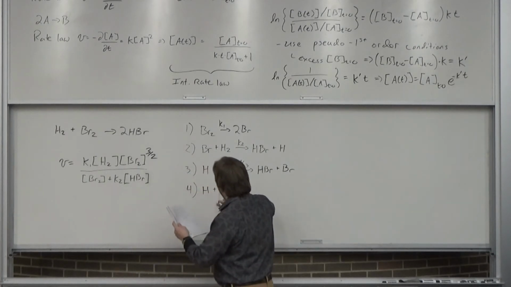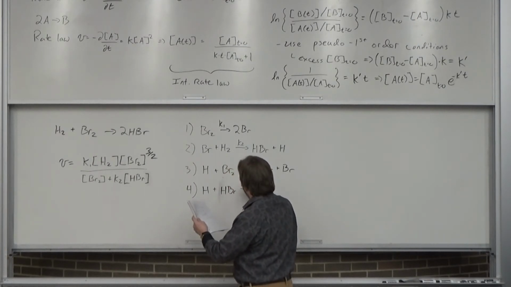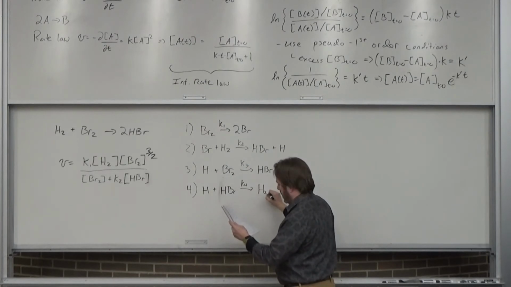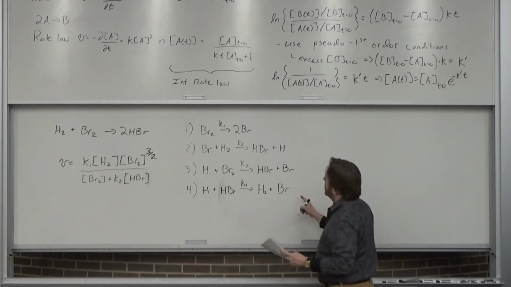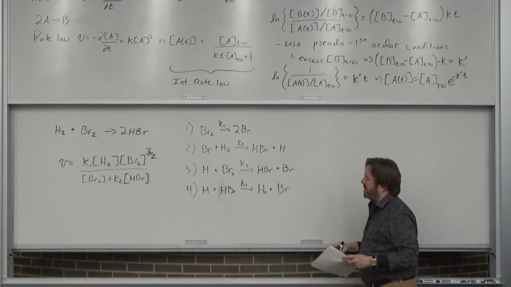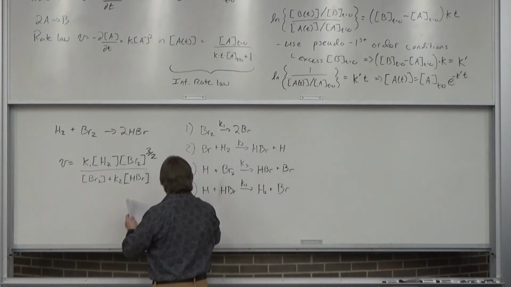What can happen is you have some H atoms and they can run into products, and that's the 4th reaction, so that occurs with rate K4. It's really number 2. You notice that? This is number 2 in reverse. So this is a reversible reaction.